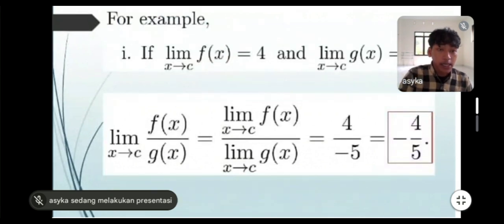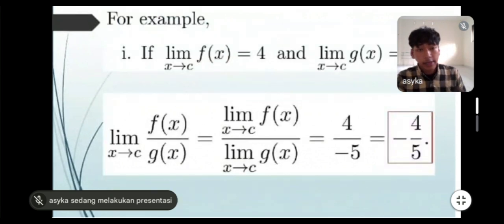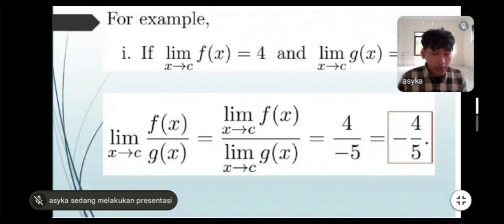For example, if limit x approaching c f(x) equals 4 and limit x approaching c g(x) equals minus 5, then limit x approaching c of f(x) over g(x) equals 4 over minus 5. So we get minus 4 over 5.